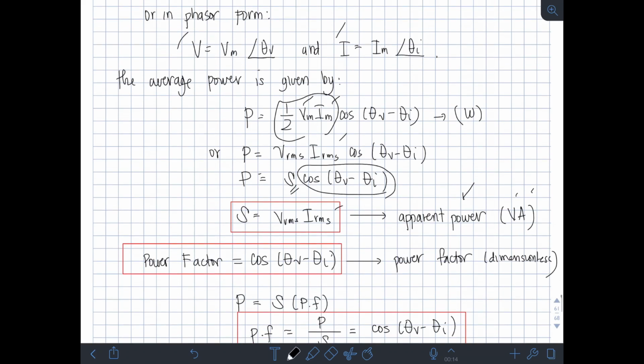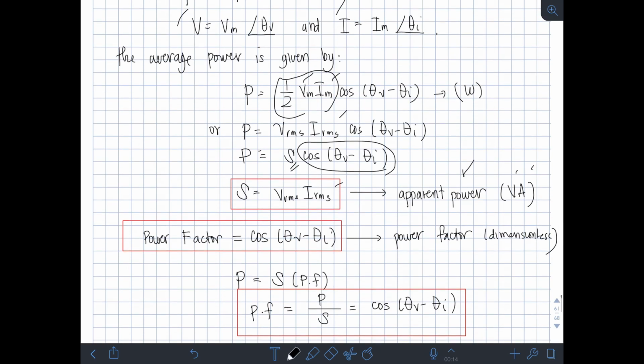Tapos, pwede rin natin tong ma-compute as the ratio nitong P over S. Kasi nga, ito yung formula natin for average power. Pag divide natin both sides by S, magiging ratio siya ng P to S, ratio ng average power to the apparent power, or cosine theta v minus theta I.